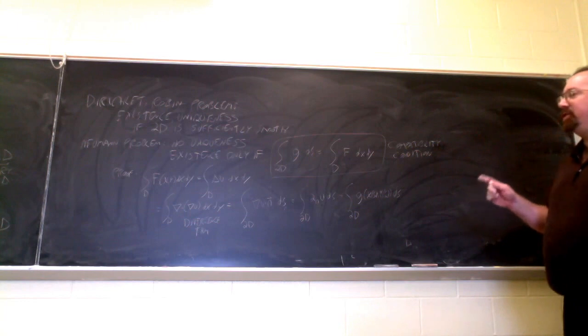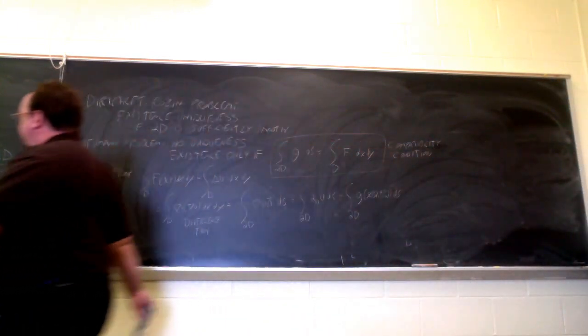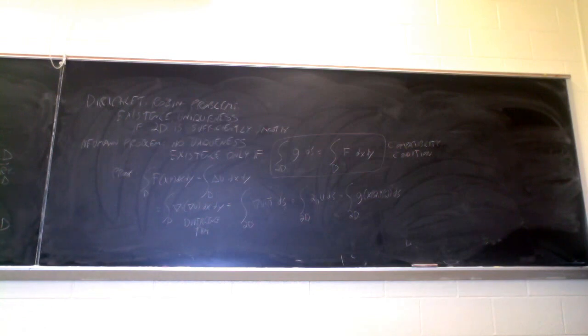So we have to be able to express the Laplacian in these other coordinate systems. I have in the notes a long-winded derivation of the Laplacian in polar coordinates. I'm just going to spit out the result here.